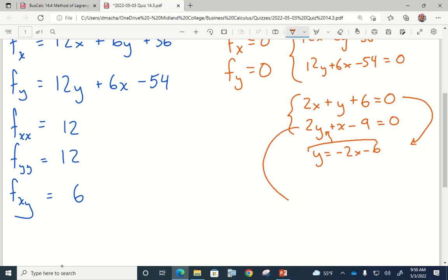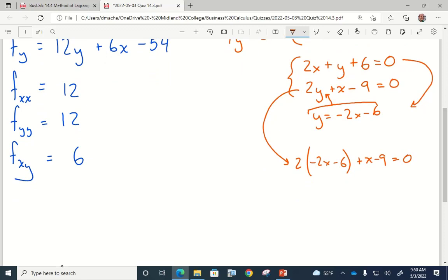So my new second equation is going to be 2 times negative 2x minus 6, plus x minus 9 equals 0. So distributing the 2 gives me negative 4x minus 12 plus x minus 9 equals 0.